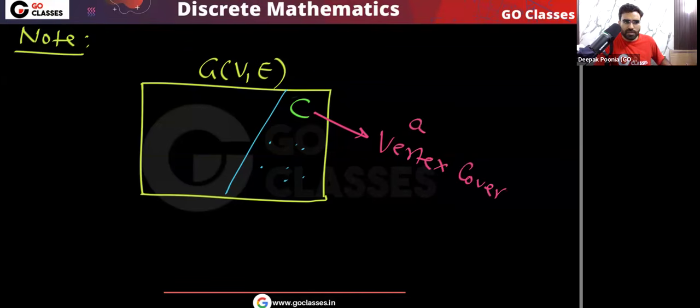So C is a subset of vertices, and C is a vertex cover. So we already know that in any graph, if C, which is a subset of vertices, is a vertex cover, then the remaining vertices, that means V minus C, will make an independent set. So this will be an independent set.